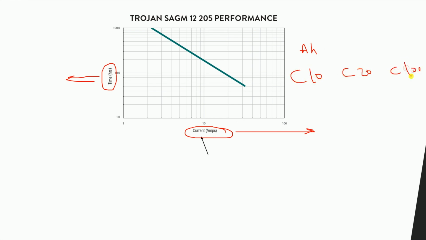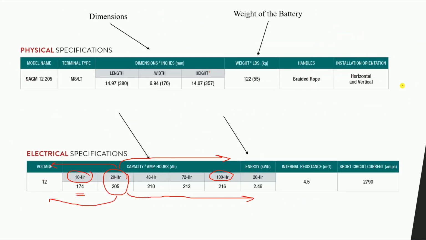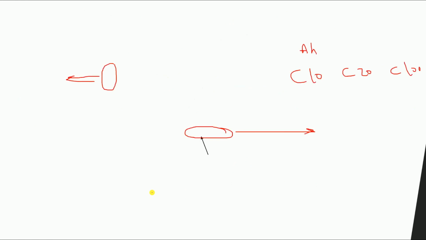If we get back here, you can see this curve: each discharge time has its own corresponding ampere hour, which corresponds to a certain current. So each discharge time has its own discharge current. This can be obtained using this figure here.